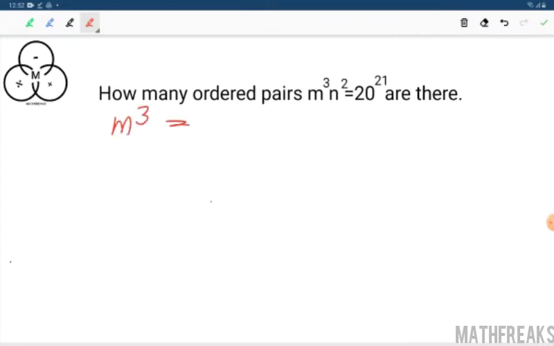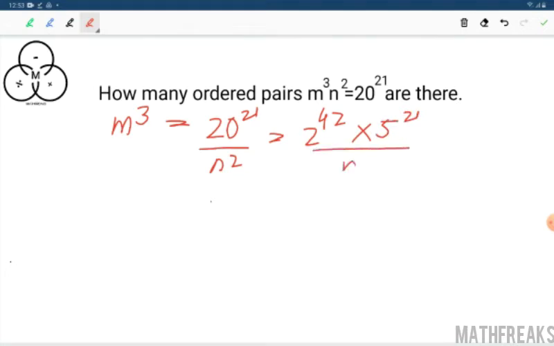m cube can be written as 20 to the power 21 over n squared. Also it can be written as 2 to the power 42, 5 to the power 21 over n squared.